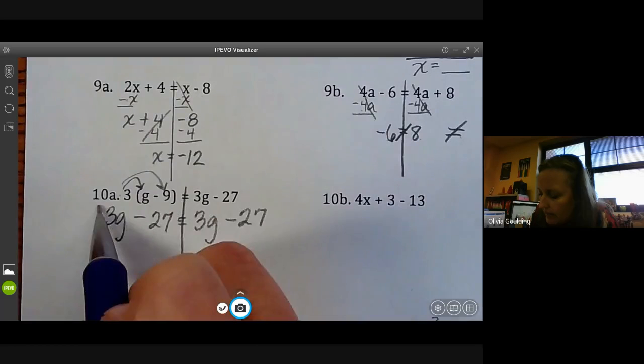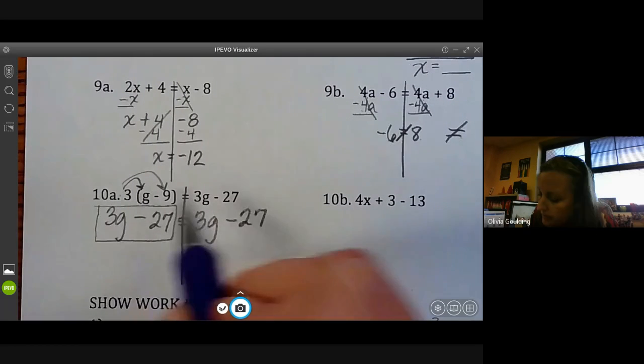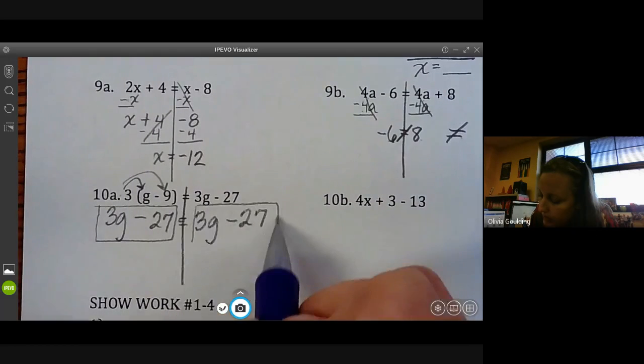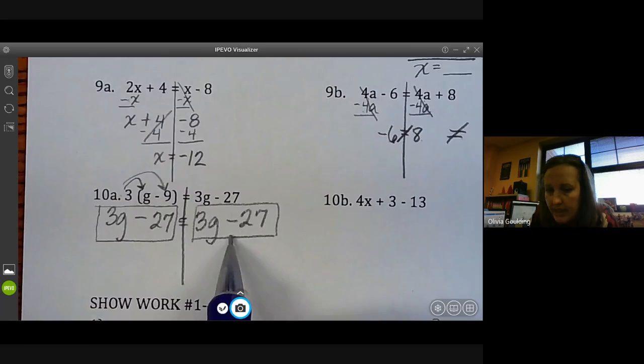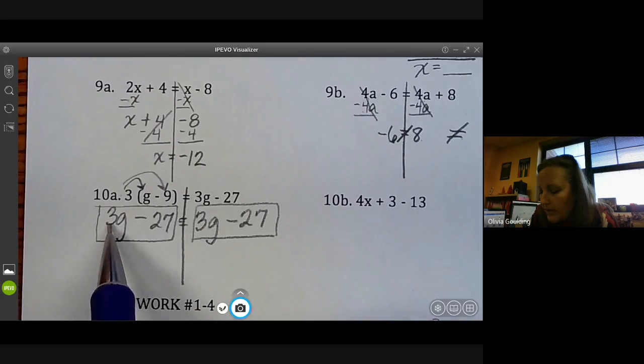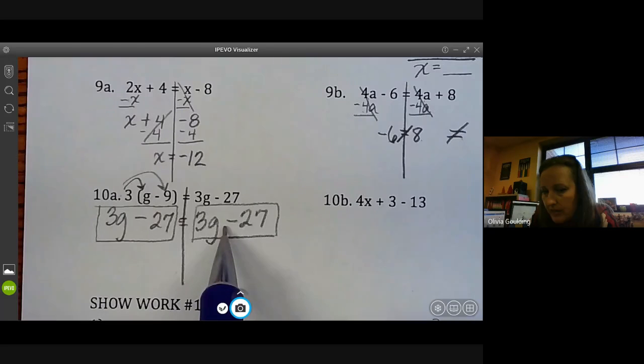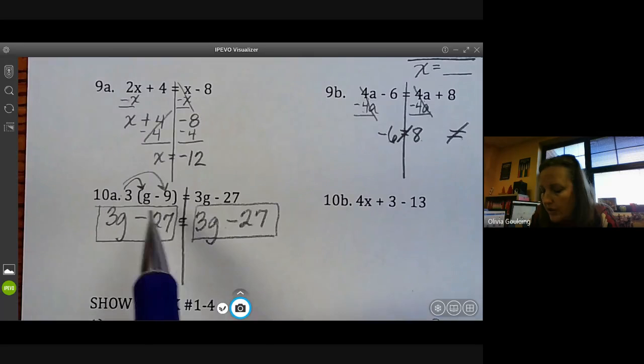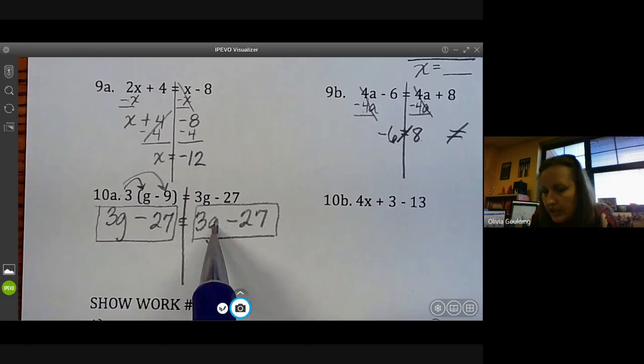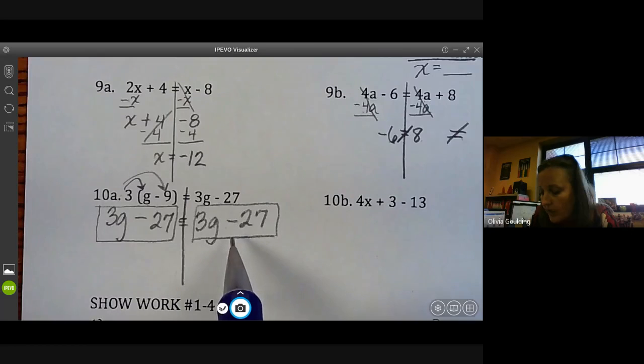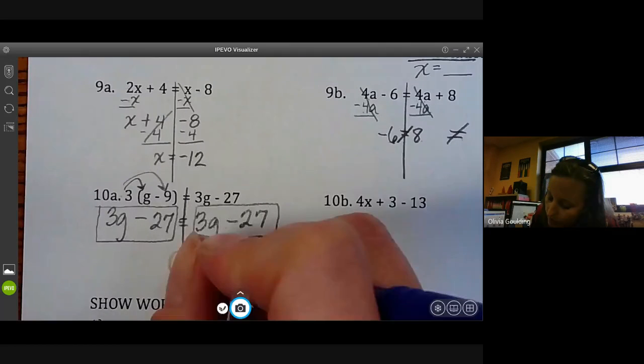Do you notice that I have expressions that are exactly the same on both sides? Whenever I get a situation where I have expressions that are exactly the same on both sides, then I know that this has infinite solutions. So no matter what number I put in for g, it's going to come out equivalent. So I could put anything in.